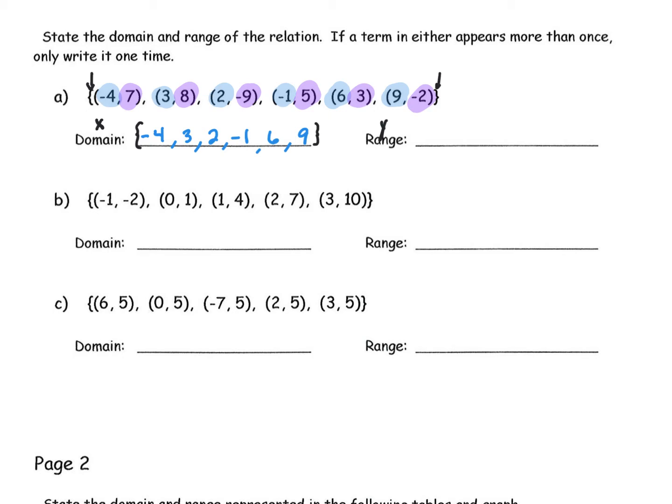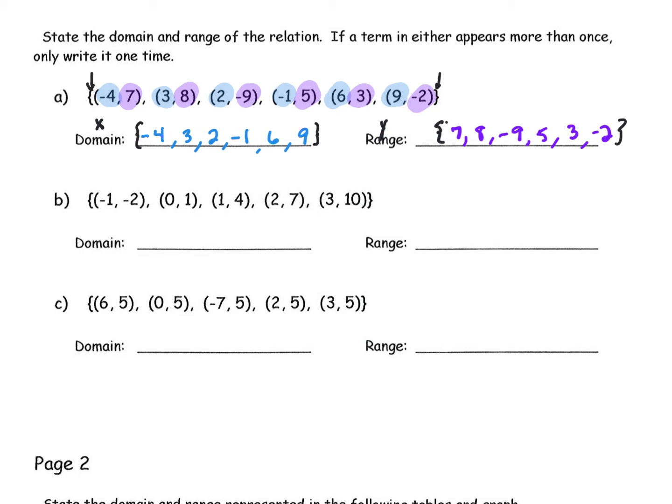I'm going to start with a brace, and I'm going to list 7, 8, -9, 5, 3, and -2. So that is the set of the range, and nothing was repeated, so we listed every single member, and it matches. I have 6 domain members and 6 range members listed.